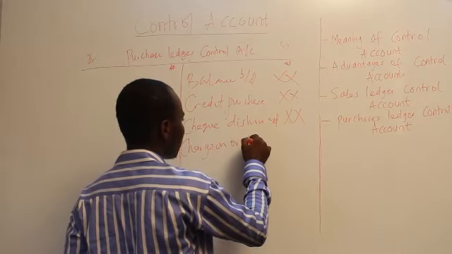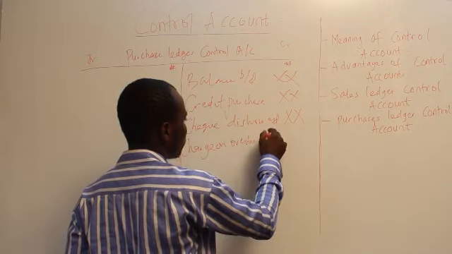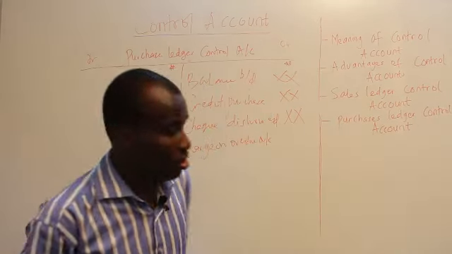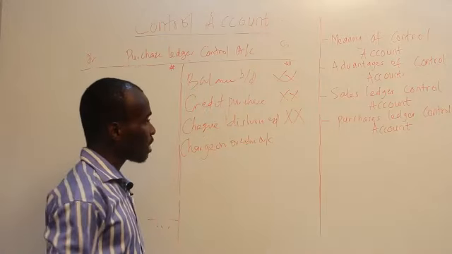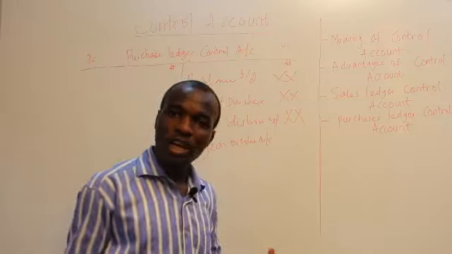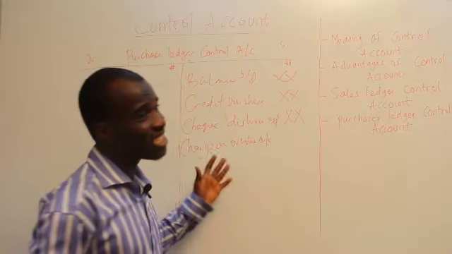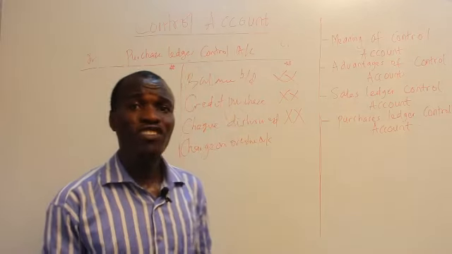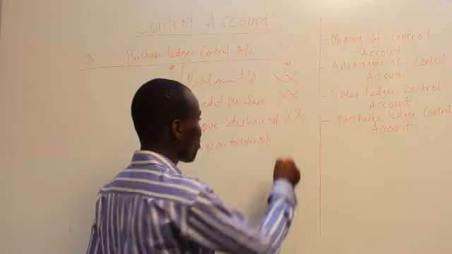When a debt becomes overdue, they can charge interest. That will go to the credit side of the supplier's account or total creditor control account. So all of the interest on the overdue account will go to the credit side of the purchases ledger control account. So we have it here.